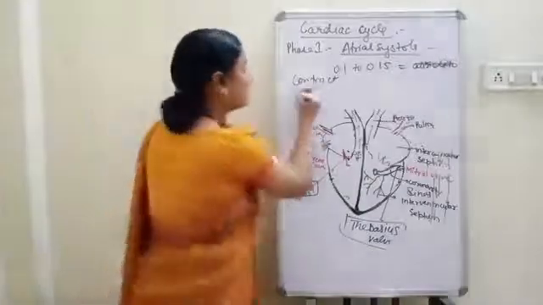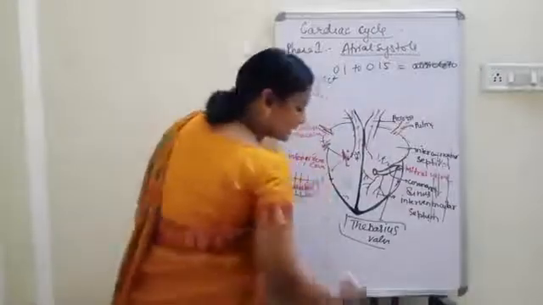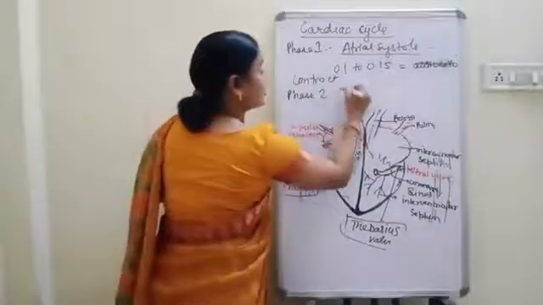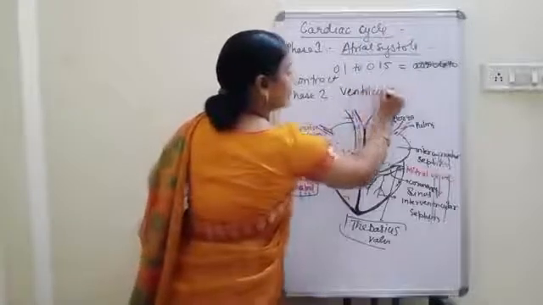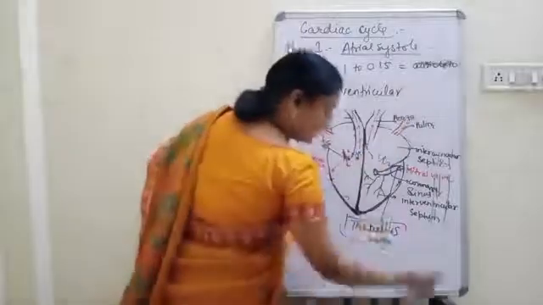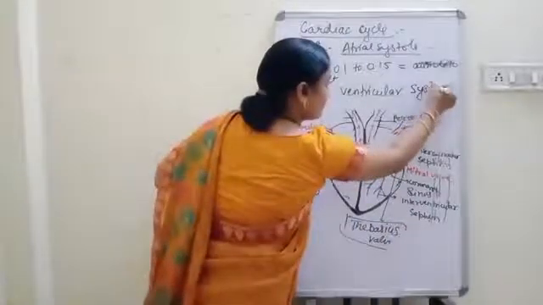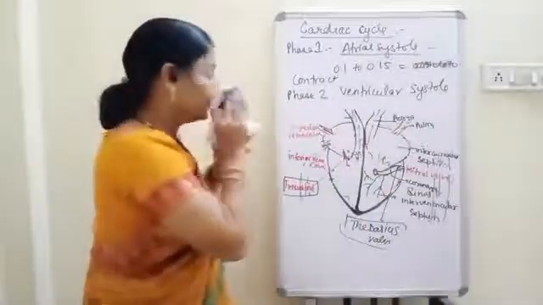Now see what happens in phase 2. Phase 2 is called the ventricular systole. Now see what happens in case of ventricular systole, children.